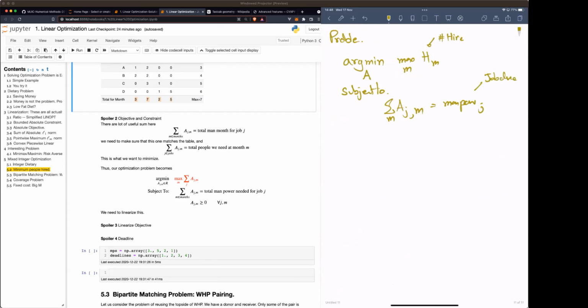And then within the deadline, you say that A_J,M has to be 0 for all M greater than or equal to the deadline of J. Greater than or equal? It depends on the index, plus 1 or minus 1. You can fix this one later.